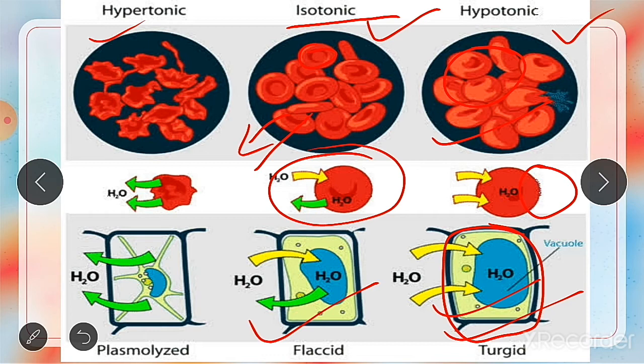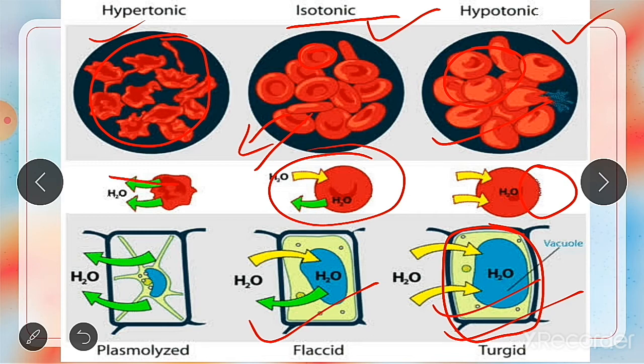The next situation: if the medium has a lower concentration of water than the cell. Suppose these cells are kept in a solution where the concentration of solute is higher but the amount of water is less. The cell will lose water by osmosis.